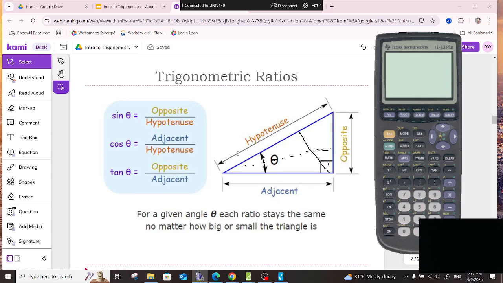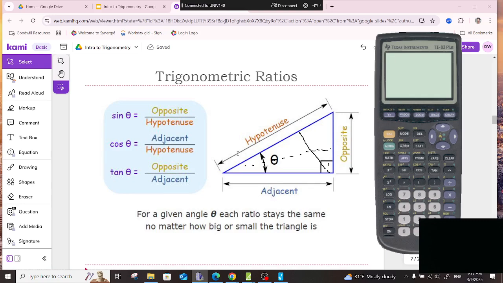So I want you to write sine. That little circle with the line through it is called theta. It's a Greek letter, and mathematicians tend to use theta when talking about an angle measure. You could use x if you want to. I'll probably use theta, so I don't want you to be confused on that.